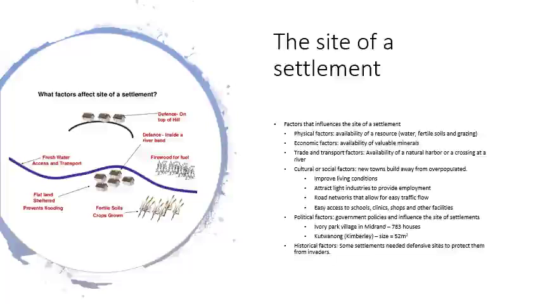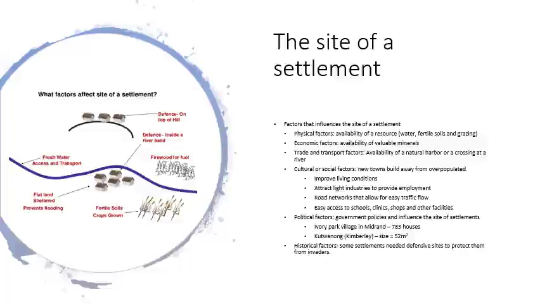There's very small towns along the way wherever you're traveling, and most of the reasons why people chose to live in those areas has to do with a few factors. These factors are physical factors, economic factors, trade and transport factors, cultural or social factors, political factors, and historical factors. You guys can read through page 173, listing all those factors and items that are related to it.